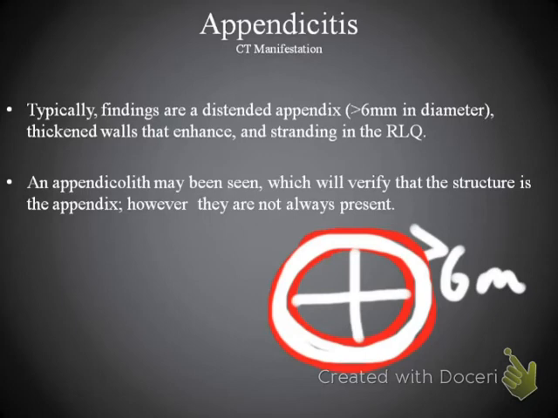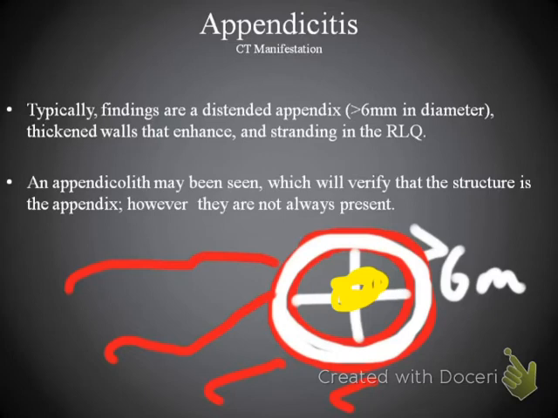So you're going to have the lumen here, and then you're going to have the walls, and you're going to have a very thickened wall that really enhances. And also stranding in the right lower quadrant. So if this is the appendix here in this drawing, then you're going to have little strands coming off of it to point towards the inflammation.